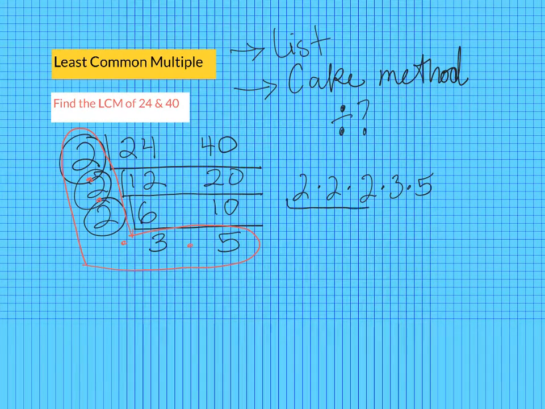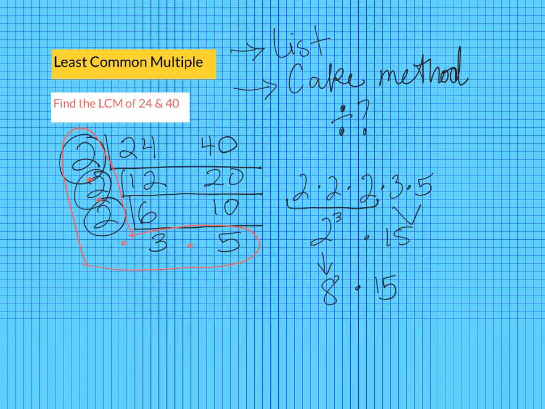So I see right away that 2 times 2 times 2 is 2 to the third power, which is the same as 8. 3 times 5 is 15. So if I just bring this down, I really need to do 8 times 15. Let's fix that. 15.